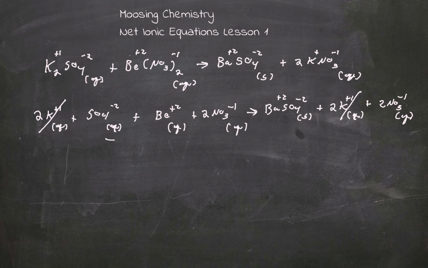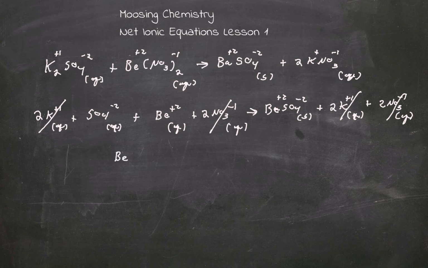It went from aqueous to a solid, so we don't touch the sulfate ion. Beryllium stays, so it doesn't change. The nitrates, however, are aqueous on both sides. So we're going to get what we call a net ionic equation.